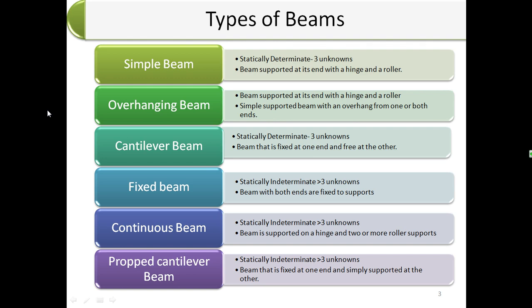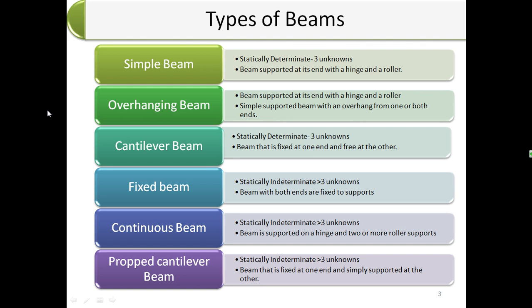Similarly, at the other support we have the vertical reaction, horizontal reaction and the moment. So there will be six unknowns in the fixed beam. To solve for the six unknowns, the equilibrium equations sigma V equal to 0, sigma H equal to 0 and sigma M equal to 0 are not sufficient to get the values of the unknowns.